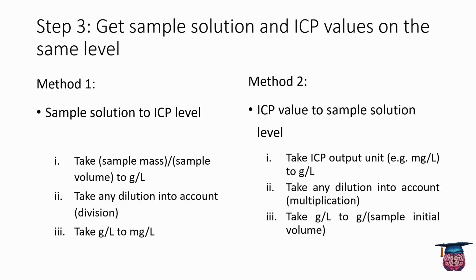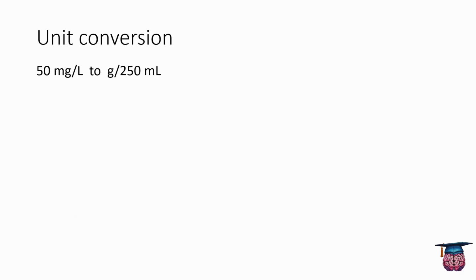Okay. So before we take a look at some examples, I want to have a look at how we do unit conversion easily. So let's take, for example, we want to take 50 milligrams per liter to a value that is grams per 250 milliliters. Now for simplicity, I'm just going to color code our mass and our volume.